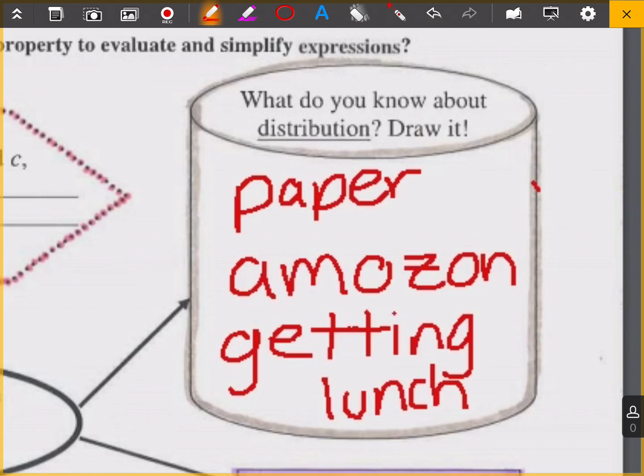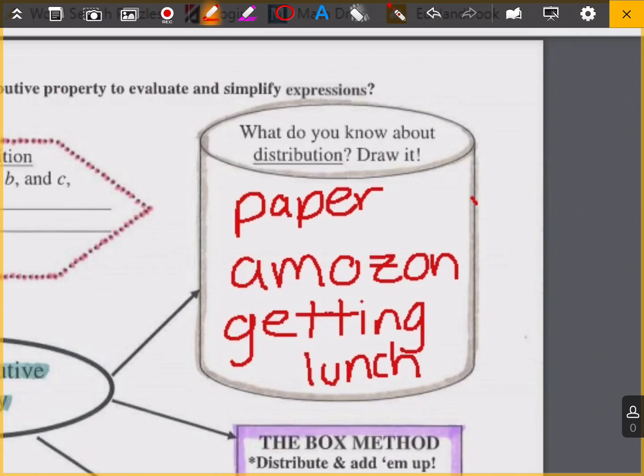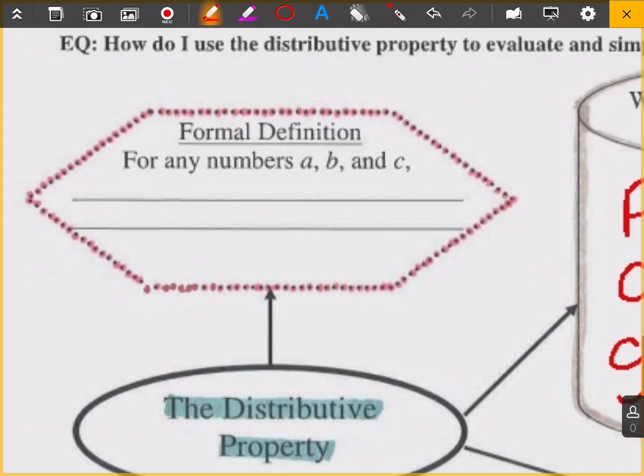And when we think of that, we need to understand that it means that we're passing it out or taking it over from one place and spreading it across a few other places. So we're going to look at the formal definition of the distributive property.